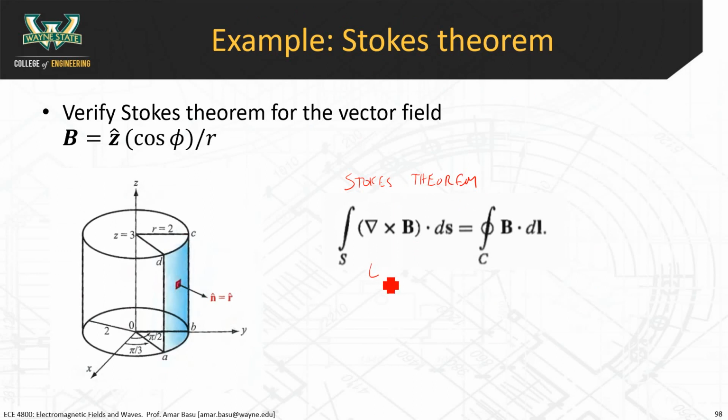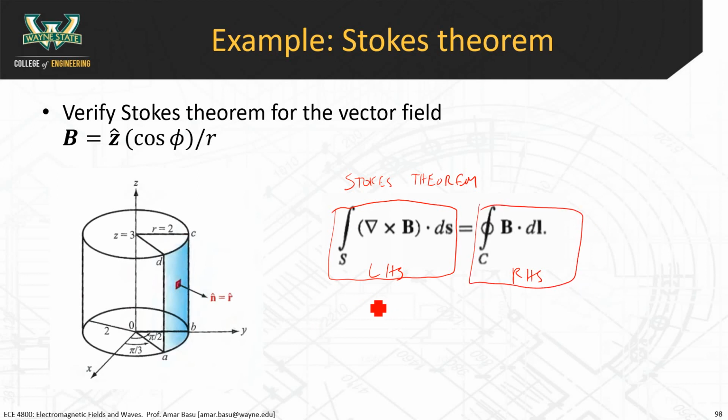This is the left-hand side of the equation, and this is the right-hand side. When we're verifying the Stokes theorem, our strategy is to calculate this side of the equation and then calculate this side of the equation.